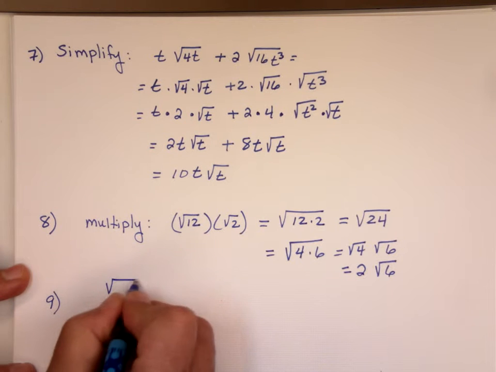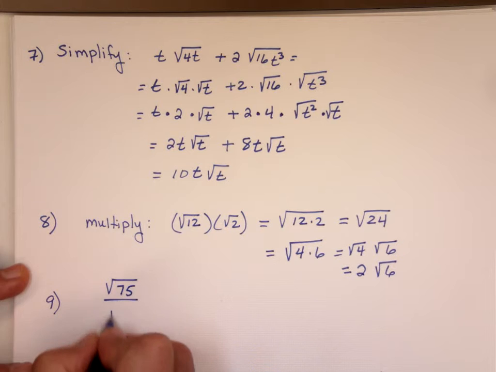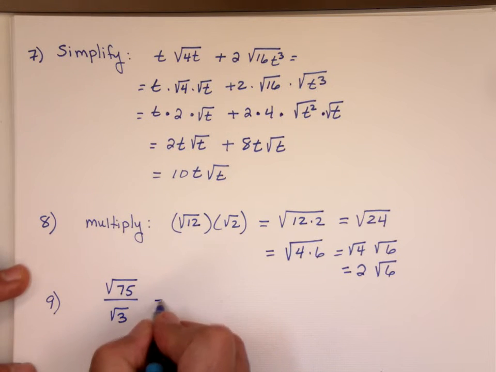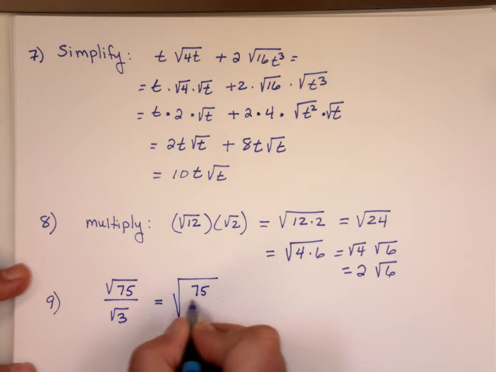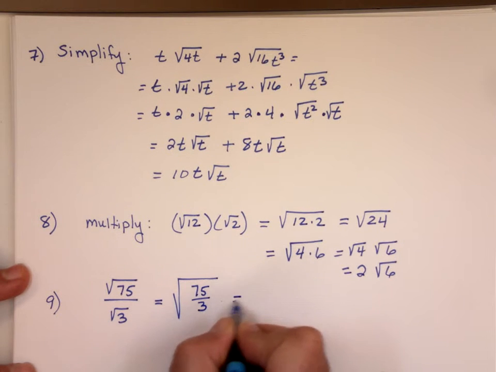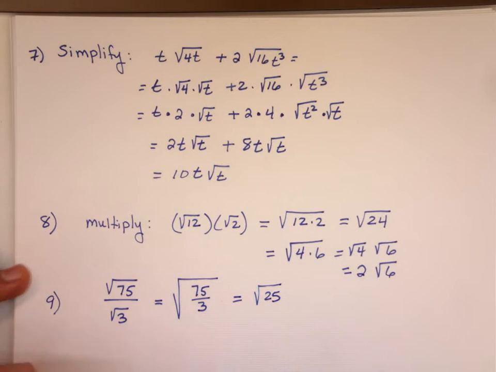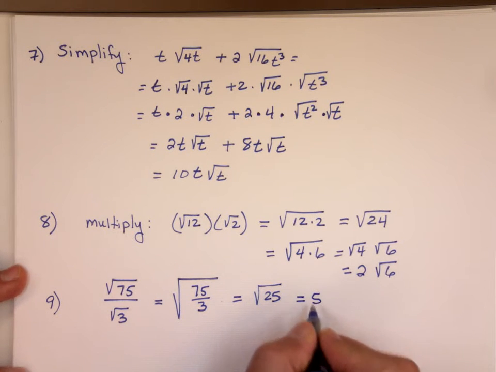Next, the square root of 75 divided by the square root of 3. I can make that one radical, 75 over 3. And what is 75 over 3? Isn't that 25? And the square root of 25 is just simply 5.